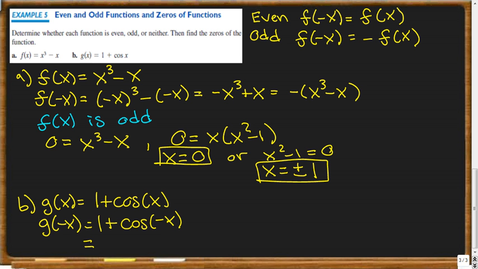So as the cosine of x counts up, the cosine of negative x counts down, but their distance away from the origin is the same. So this is the same as 1 plus the cosine of x. So this is the same graph. This is the same function as before, which means that g of x is even.